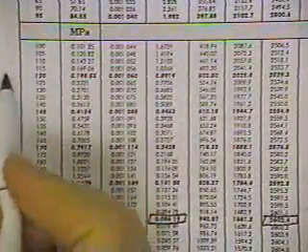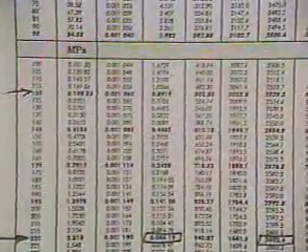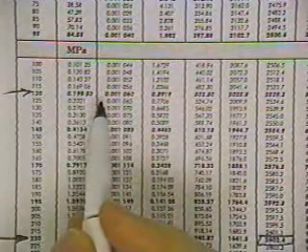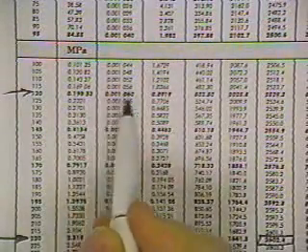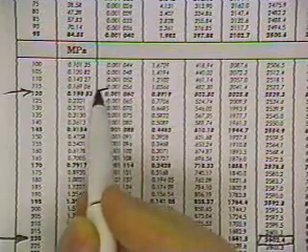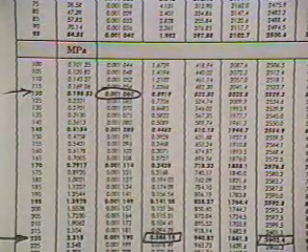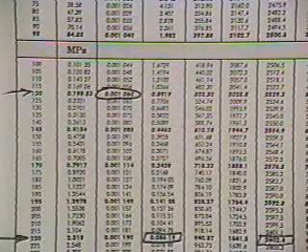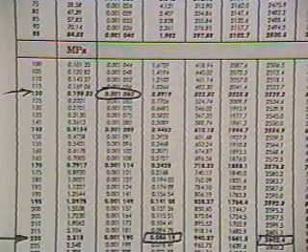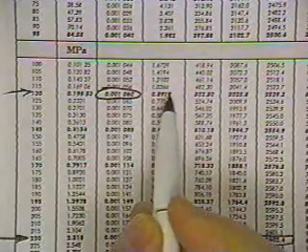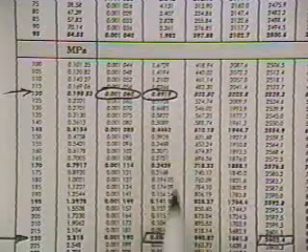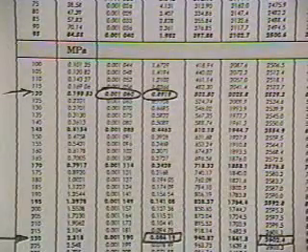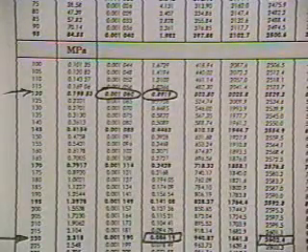Now we're going to drop down to 120 degrees C, and at 120 degrees C we can look up the conditions for saturated volume. Here is 0.00106, and for the saturated vapor conditions we pick out 0.8919.